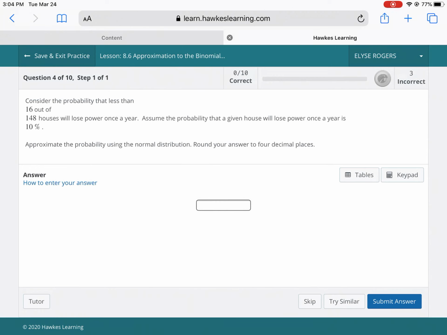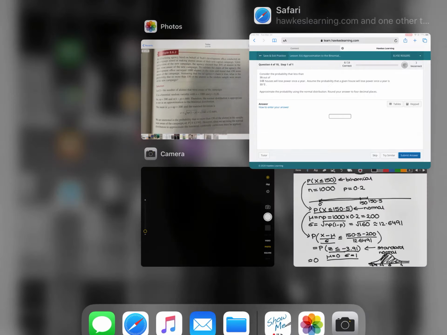So n is 148 and p is 0.1 in our binomial distribution. And we want the probability that x is less than 16, so less than 16 of the houses will lose power.